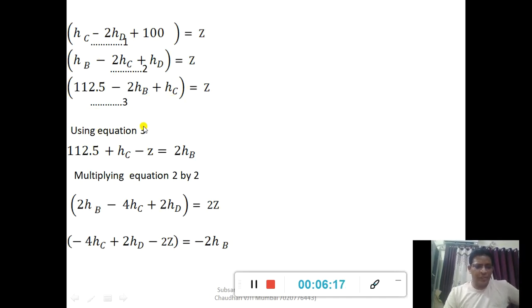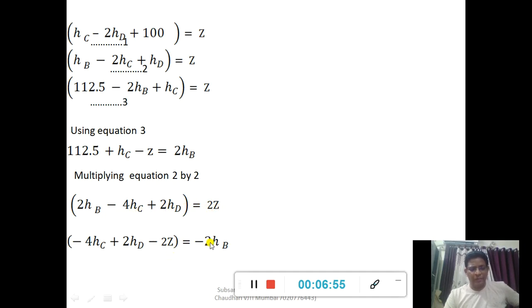So let us discuss the solution approach. Now we are using equation 3. Rearrange equation 3 in terms of 2 h of B: 112.5 plus h of C minus z equals 2 h of B. Now multiply equation 2 by 2: 2 h of B minus 4 h of C plus 2 h of D equals 2z.